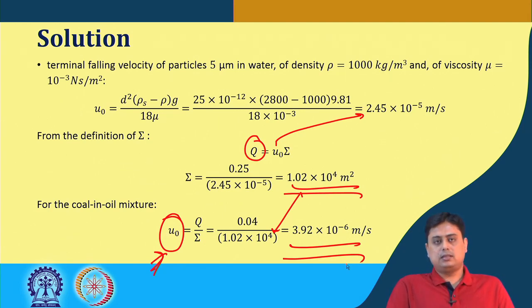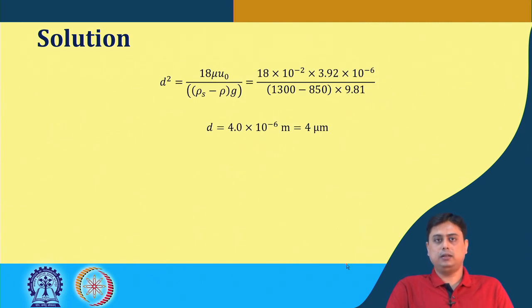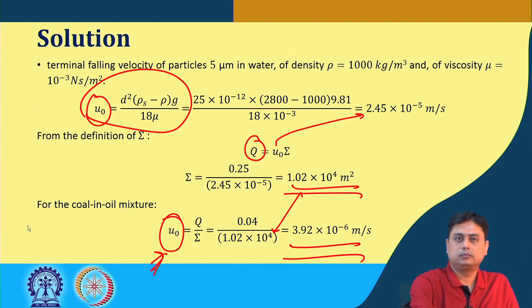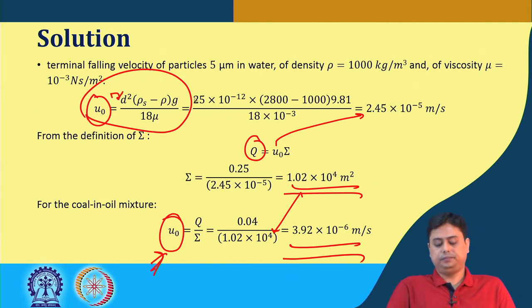This terminal velocity will be for a certain cut size particle, and from this expression once again, we know U0 and we have to find d, the other parameters are given.